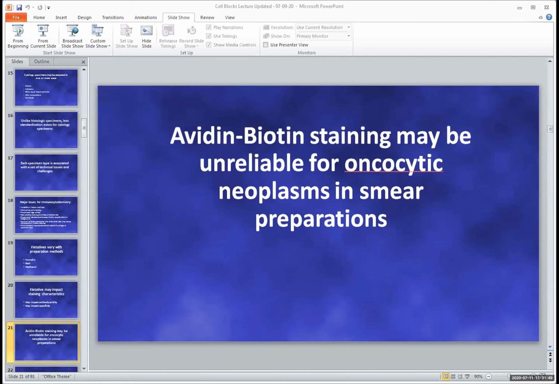The differential diagnosis was some sort of hyperplasia versus actually medullary carcinoma.